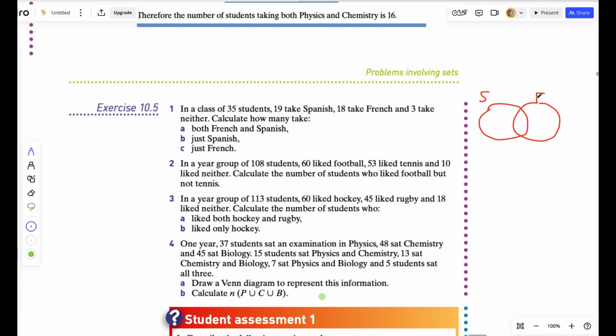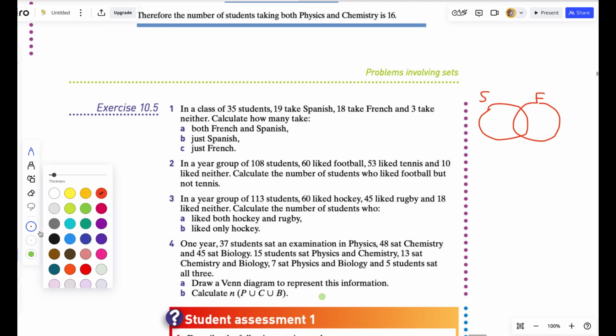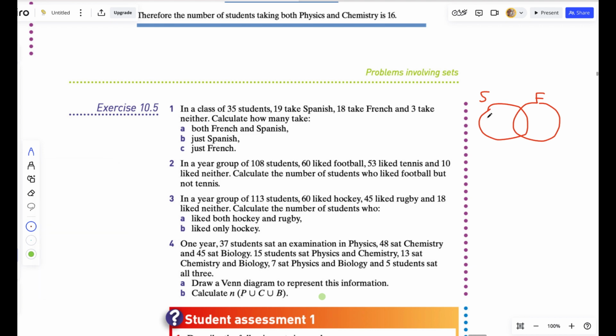So it's the same thing we just did, right? Here, you say 19 minus x, for here only. And 18 take French and 3 take neither.